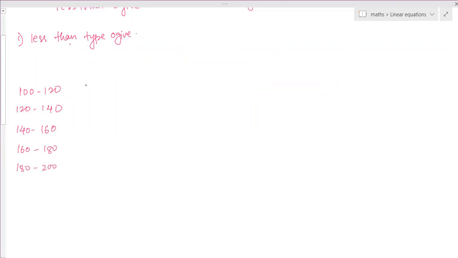The frequencies given are 12, 14, 8, 6, 10.